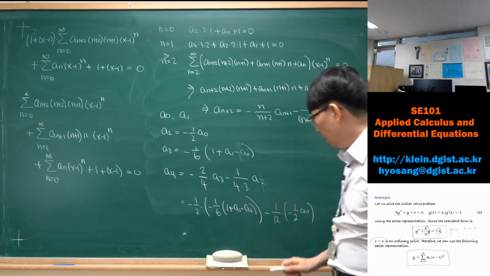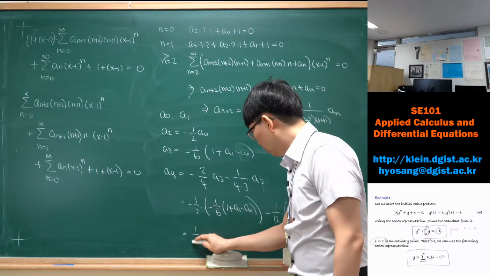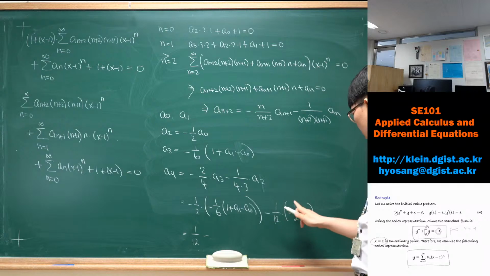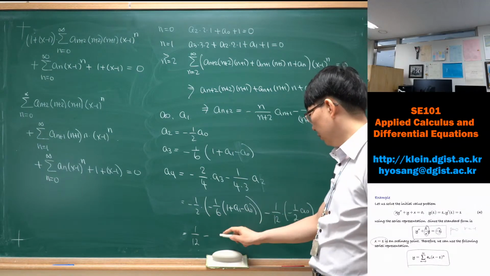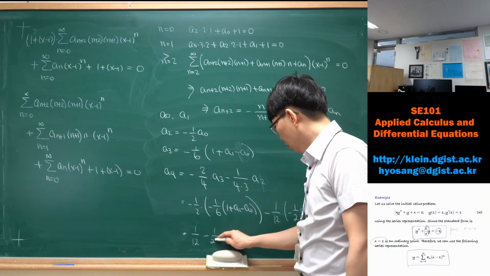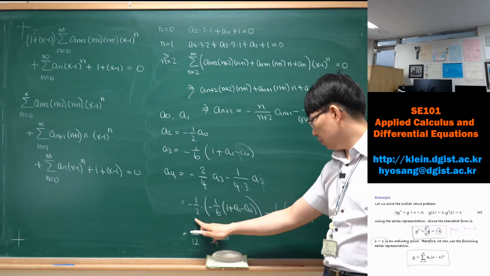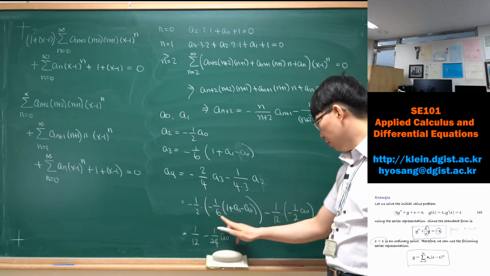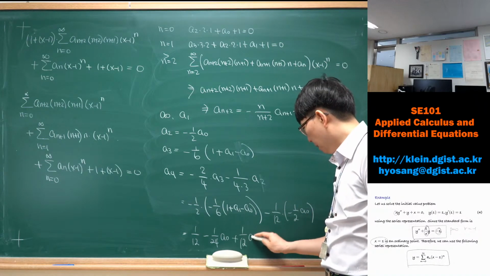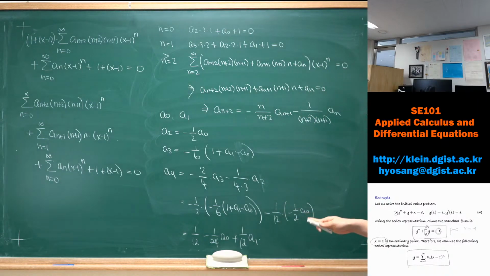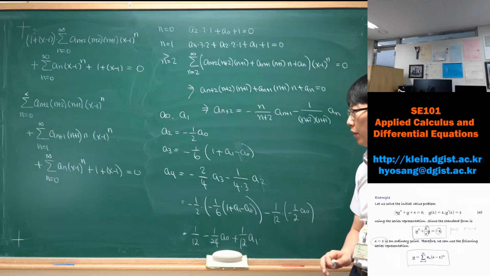So if you make it simpler, this is 1 over 12, and a0 we have 1 over 24, and minus 1 over 12. So this is minus 1 over 24, A0. And if you combine A1, this is 1 over 12, and that's 1 over 12. So 1 over 12, A1. So that's A3, A4, expressed in terms of A0 and A1.